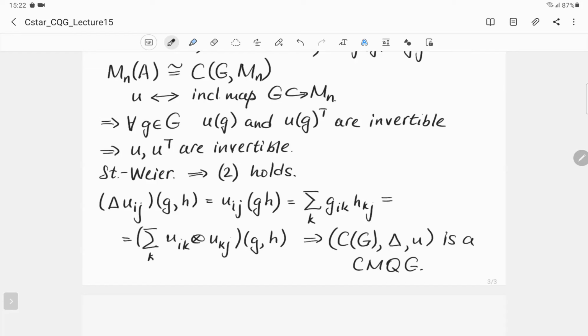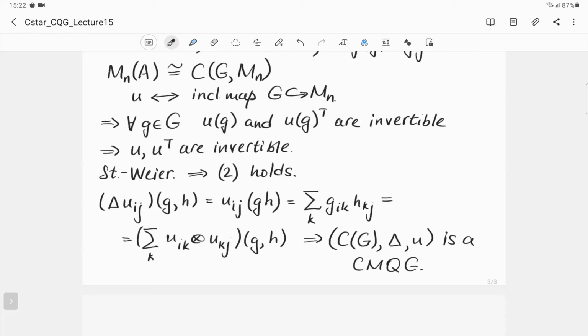So this is the motivating example. In fact, it turns out that each commutative compact matrix quantum group arises in this way. But at this point, we cannot prove this fact.